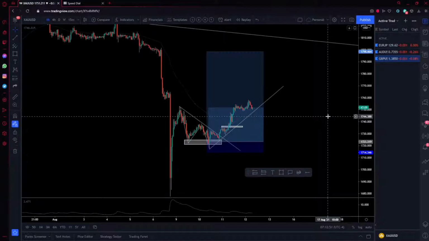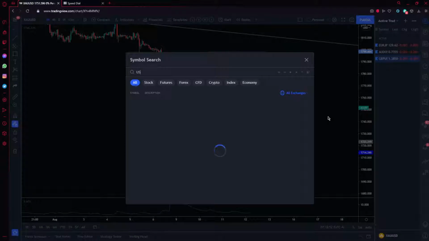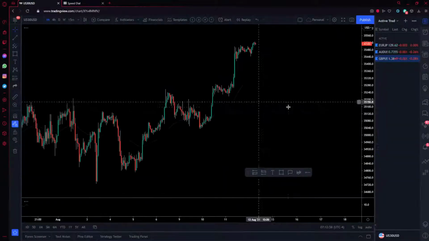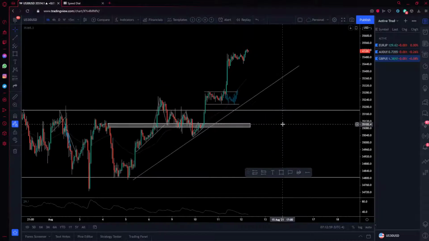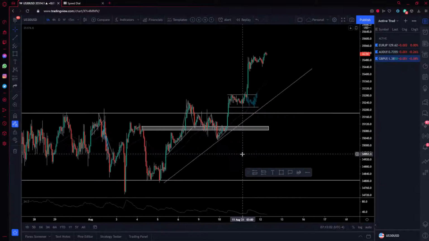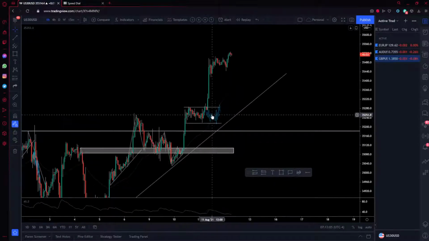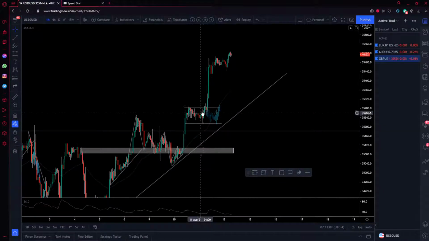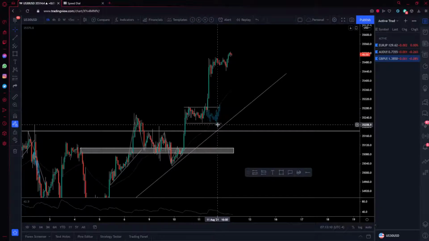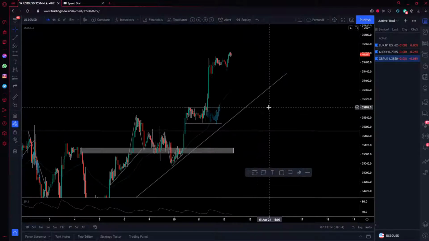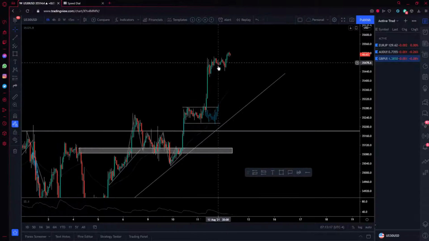Finally, US 30 USD. Okay, price continues pushing up. Perfect. Exactly what we wanted to see in this situation. How I drew this out, I actually wanted the price to come back down one more time before pushing up. Fortunately, that didn't happen. But no matter what, price is moving up impulsively.